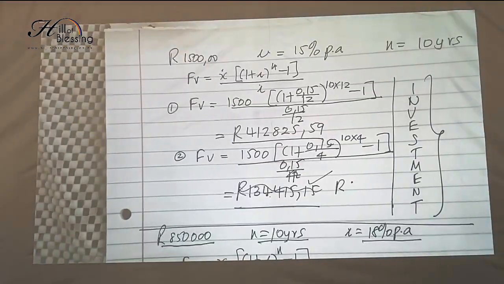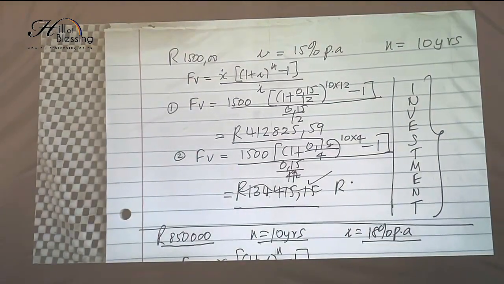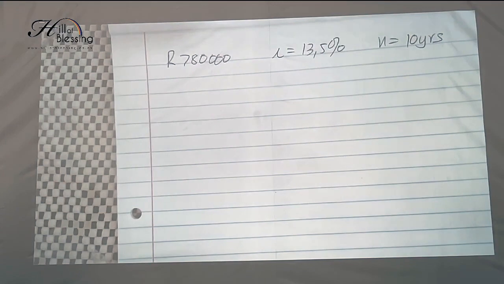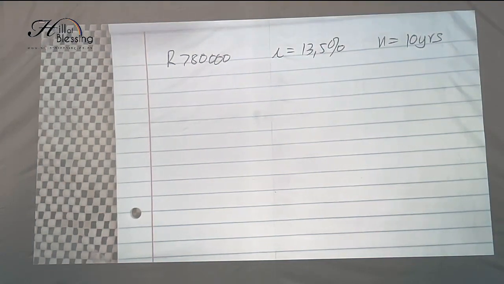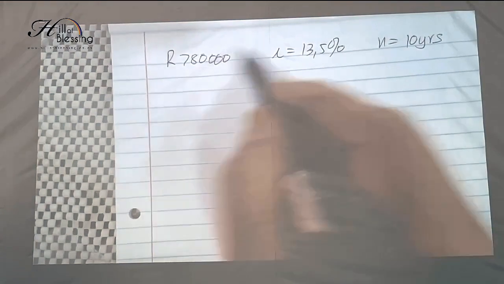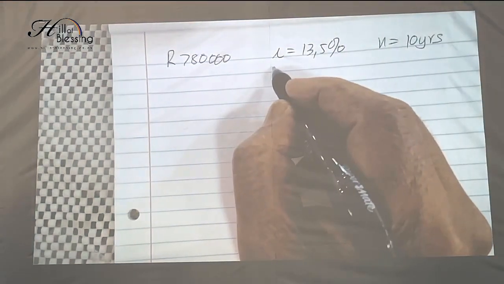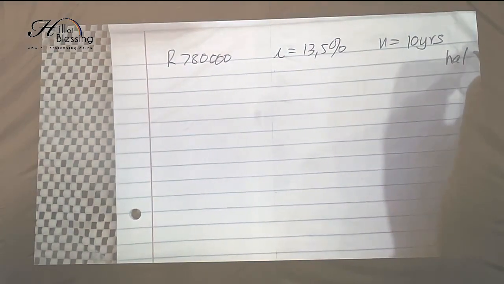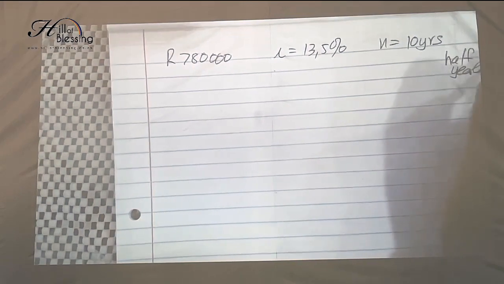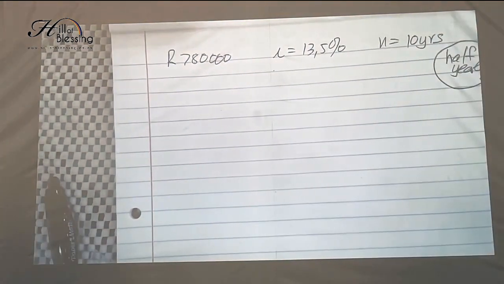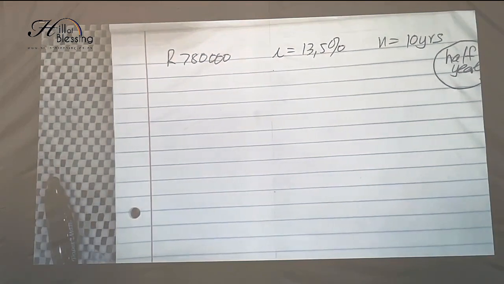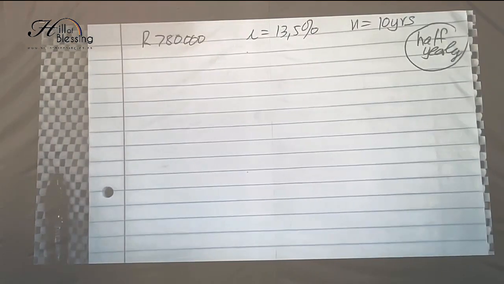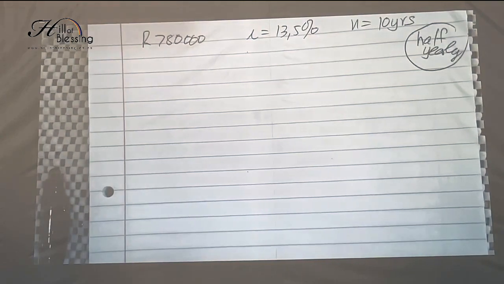Right, shall we try? I did one with the monthly payments. I've done one with the interest payment. Right, here's one. I want to get, how much a month must I pay? And it's half yearly. In other words, how much must I pay every 6 months to get 780,000?